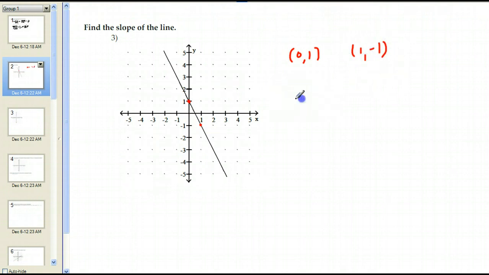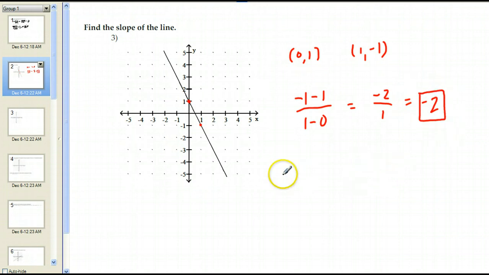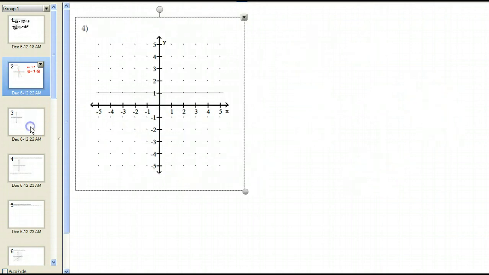Alright, so y2 minus y1 over x2 minus x1. So negative 2 over 1. Don't leave it like that. If you can simplify it, simplify it. Negative 2 over 1 is negative 2. So our slope is negative 2.